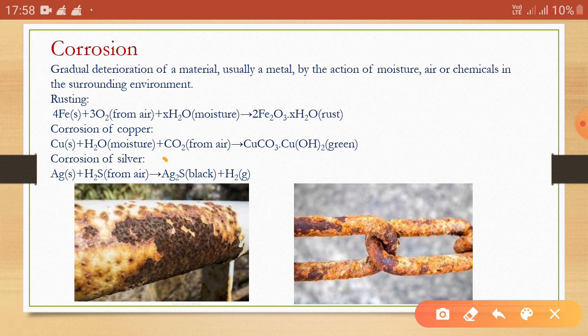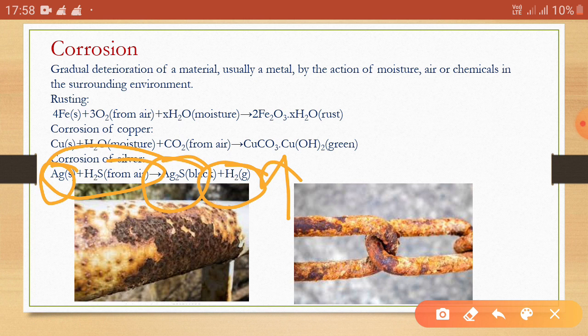And the last one is corrosion of silver. When silver, Ag, or argentum in the Latin word, atomic number 47, reacts with H2S, that is hydrogen sulfide or sulfane, it gives us Ag2S, black in color, known as silver sulfide, and hydrogen as the products.